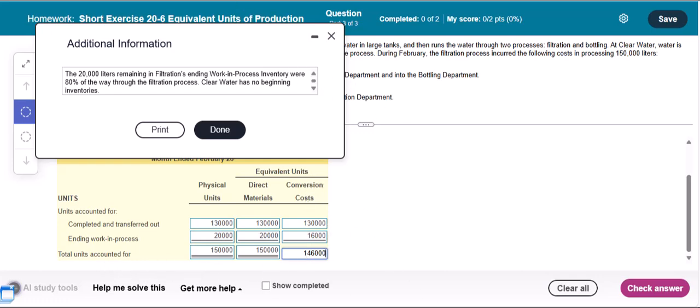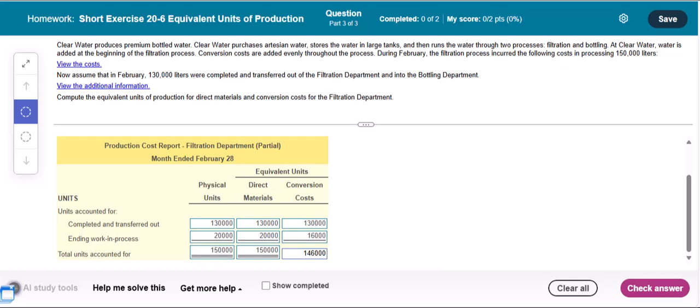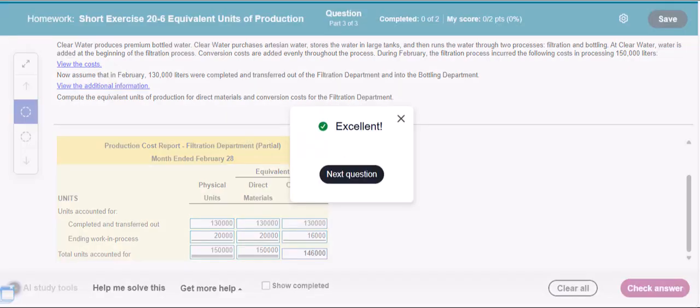The tricky part about this is the 16,000 units means that of the 20,000 units that are partially complete, it's the equivalent of having 16,000 units of the conversion costs added to them. So let's go ahead and check our answer. Excellent.